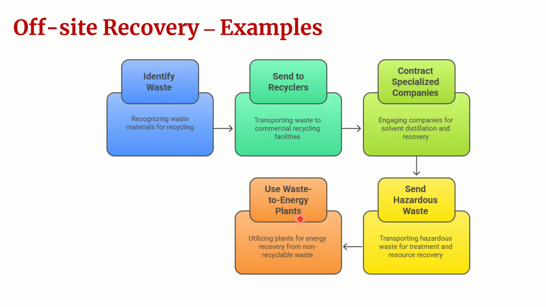So using waste to energy plants for energy recovery from non-recyclable waste. And so transportation logistics, cost, regulatory compliance for hazardous waste transport, ensuring the environmental performance of the offsite recycler. So these are all certain examples for offsite recovery.